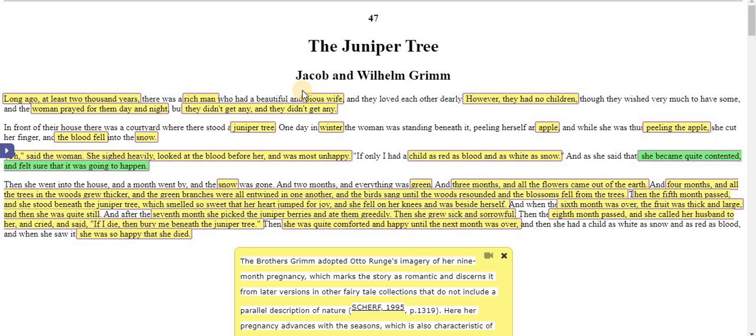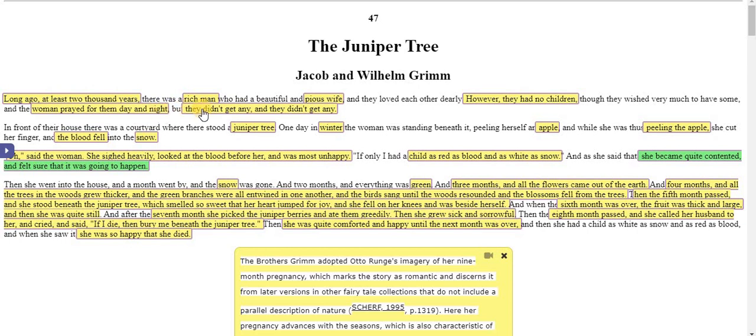Okay, so let's begin. Long ago, at least 2000 years, there was a rich man who had a beautiful and pious wife, and they loved each other dearly. However, they had no children, though they wished very much to have some, and the woman prayed for them day and night.